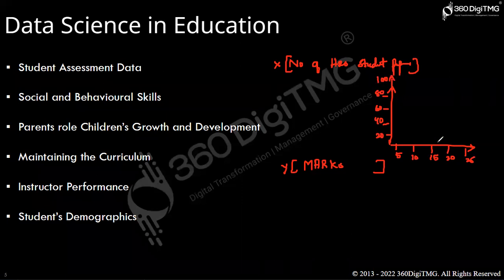So students who have prepared for more hours definitely get more marks, right? These values are correlated to each other. This is one way of assessment, and these are different data analyses that we can do.